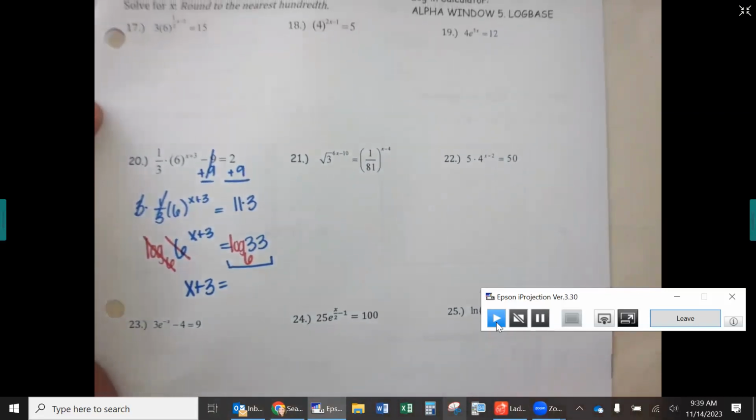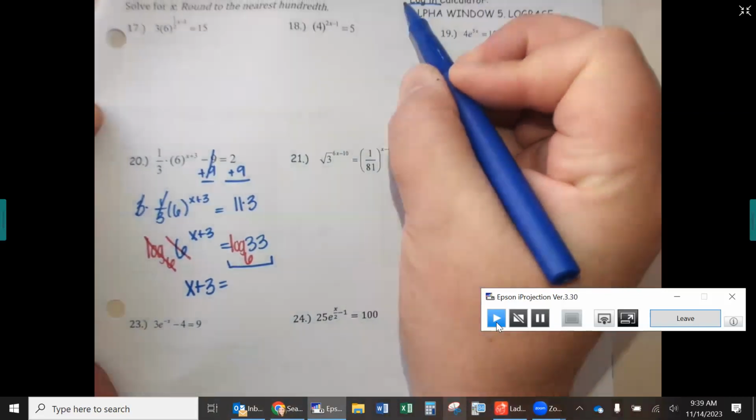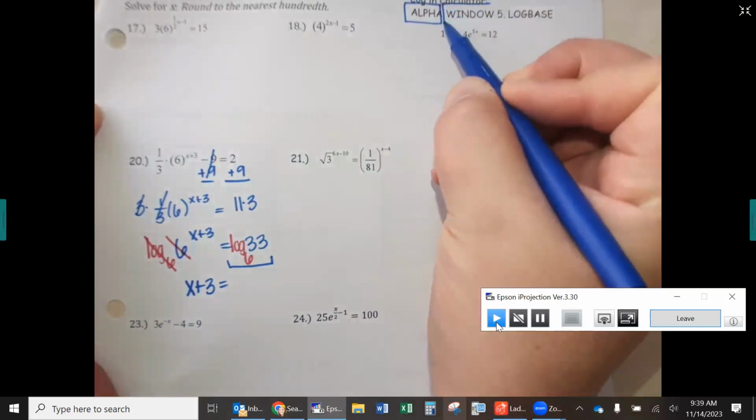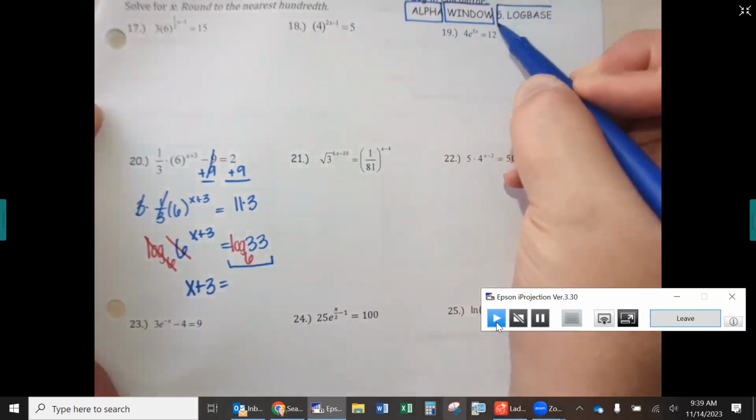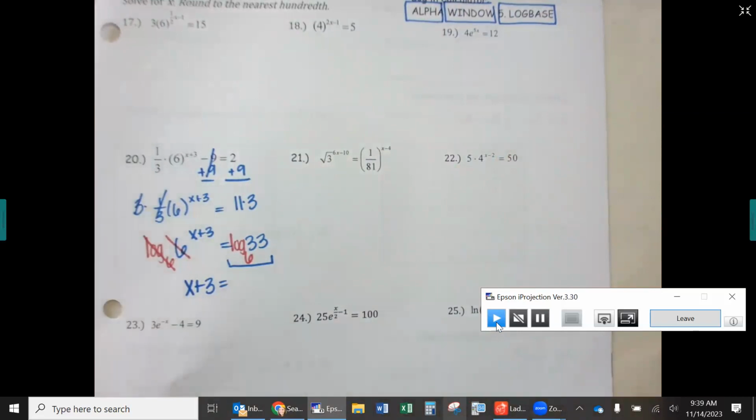Okay, so let me draw your attention right here. You're gonna push alpha, window, and then log base. Okay? So to get rid of a big 6, we're gonna log little 6, which is alpha, window 5.